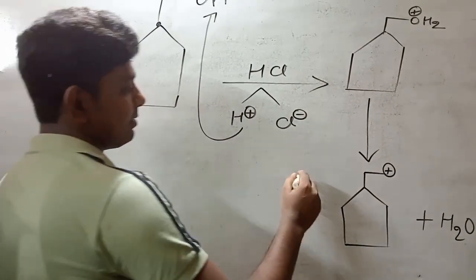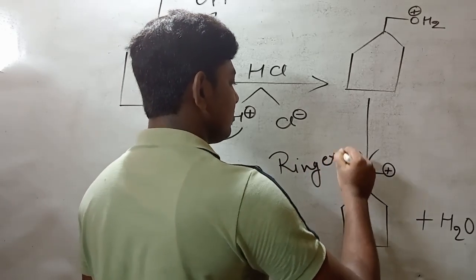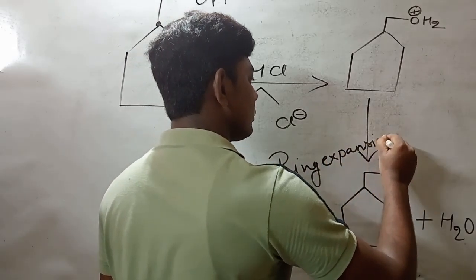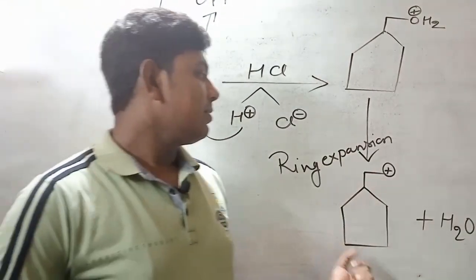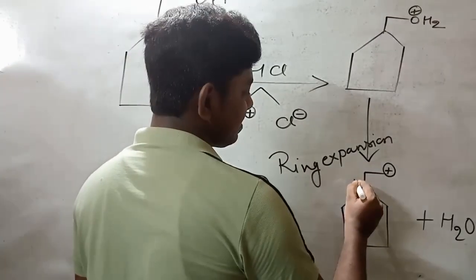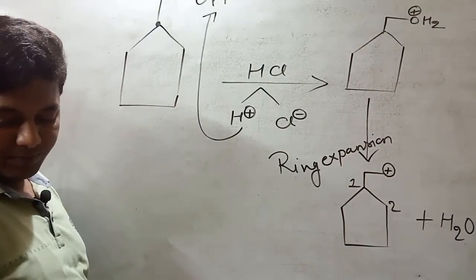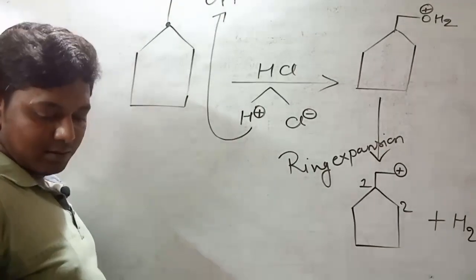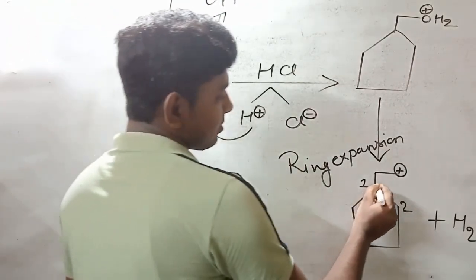Then ring expansion is possible here. So how can ring expansion occur here? Write 1 or 2. So 1.